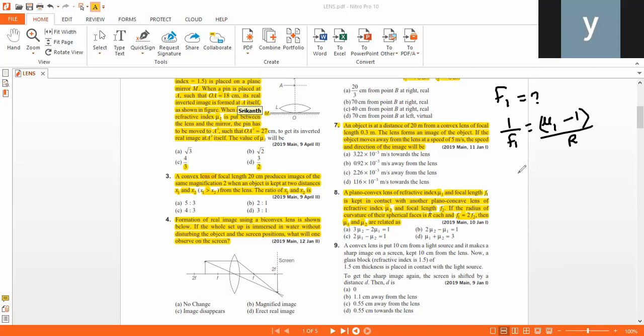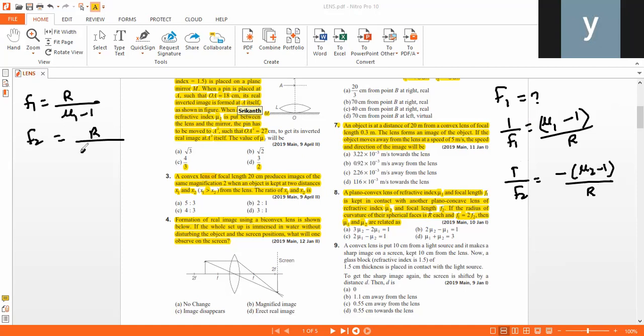And for plano-concave lens, that is 1 by f2 equal to minus of mu2 minus 1 by R. That is f1 is equal to capital R by mu1 minus 1, f2 equal to capital R by minus of mu2 minus 1. They gave that f1 equal to 2f2.